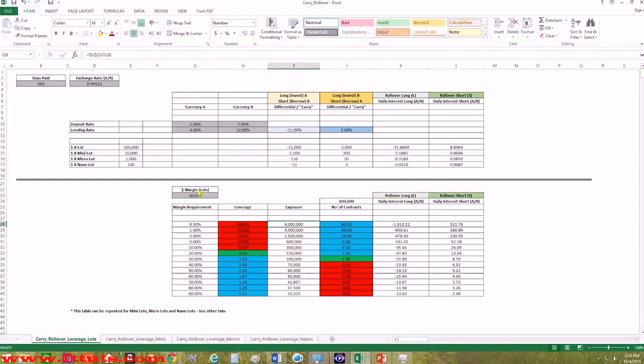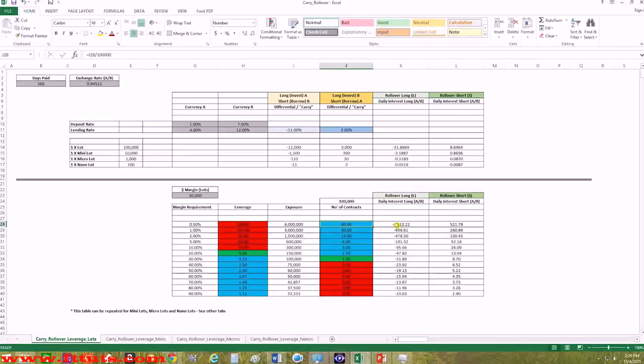And we work that out by taking the margin dollars that we've got in the account and we divide that by the margin requirement. This gives us the maximum exposure level that the broker is offering, or if we decided to take the whole lot. We assume that we're trading lots here. So that is equivalent to 100 lots. So we're looking at this number here, the 6 million, divided by 100,000. So that tells us how many contracts we're looking to trade.